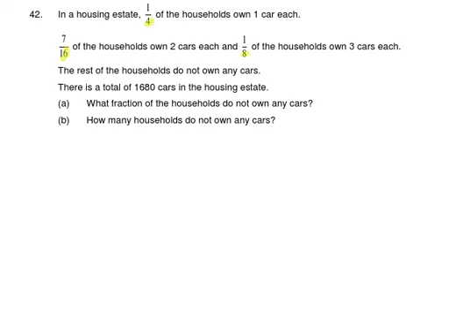You can see that it's always something of the household, something of the household, and something of the household, right? So when you have an instance of "of the household," that means 1/4 of one whole, yes or no? Or 7/16 of one whole, 1/8 of one whole.